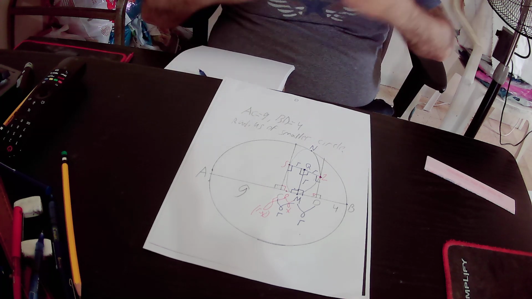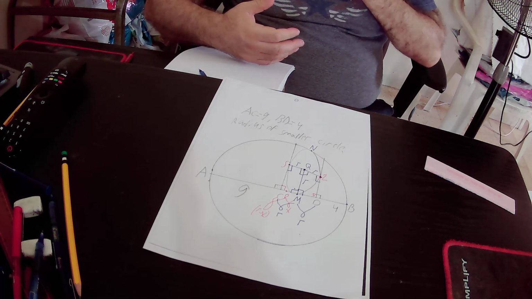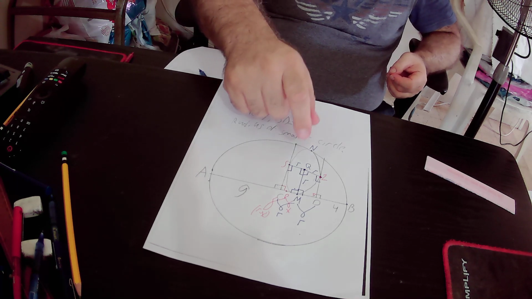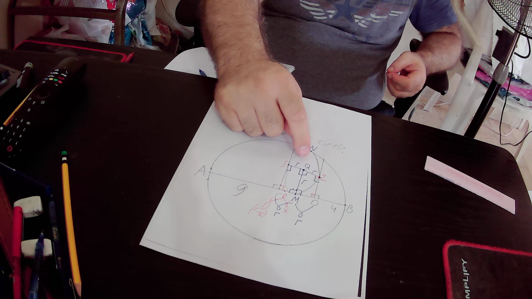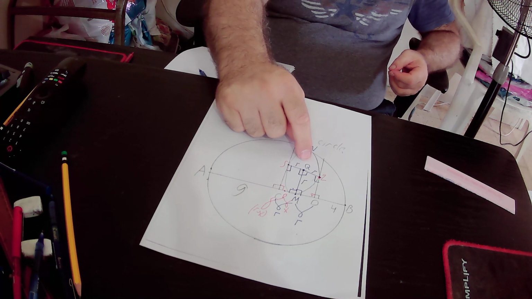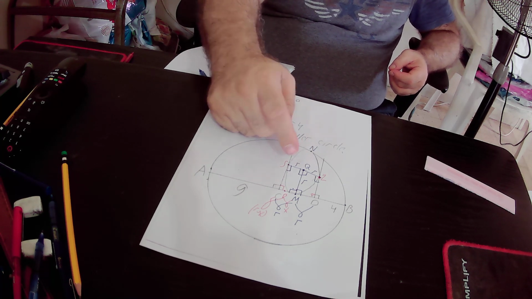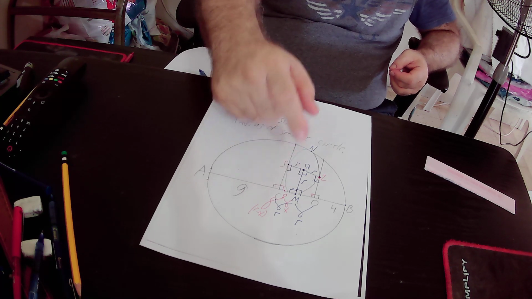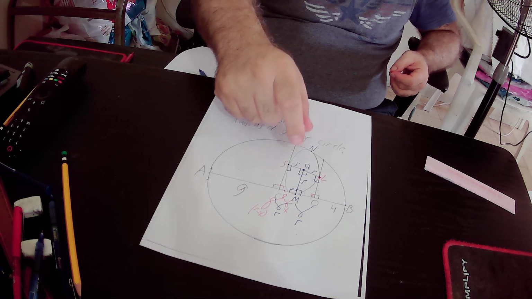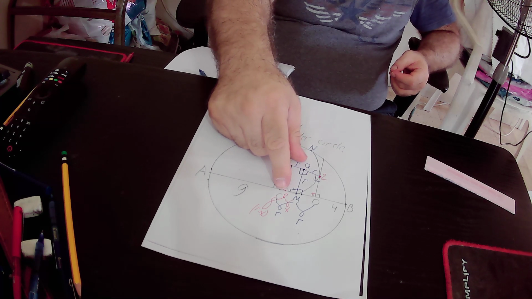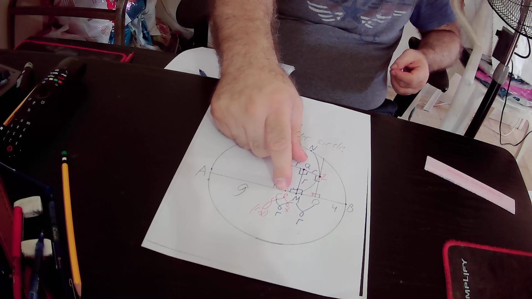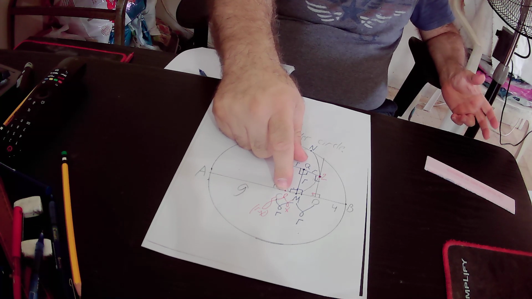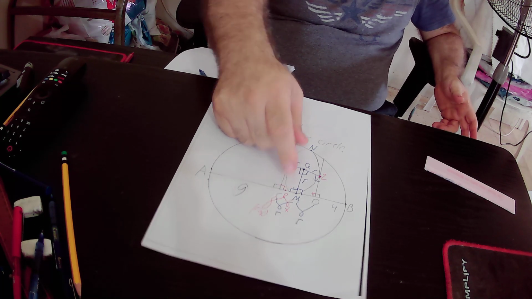Therefore, according to rule number 5, the distance between their centers, that is to say QP, because Q is the center of the small circle and P is the center of the big circle. Therefore, the distance between their centers is QP. QP will be equal, according to rule number 5, to capital R minus small r.